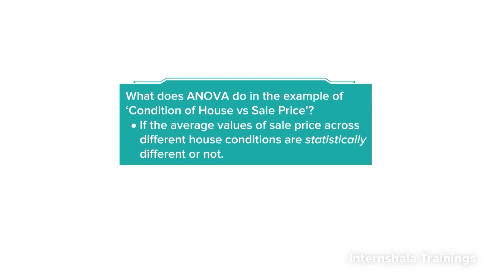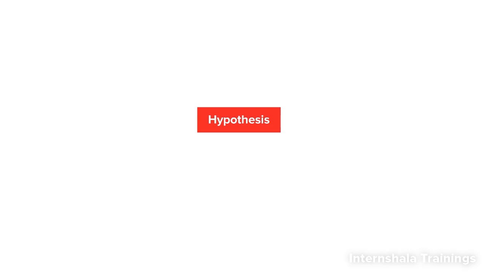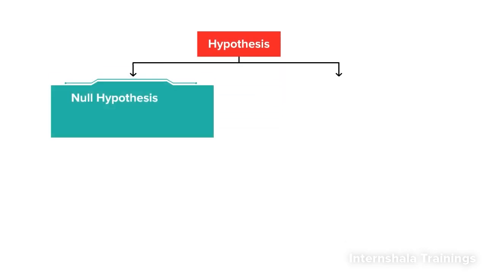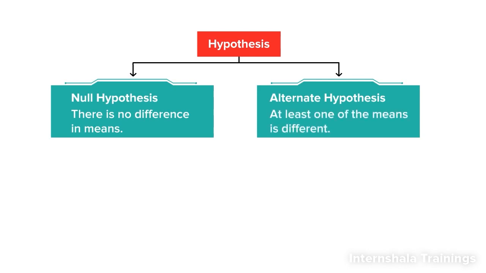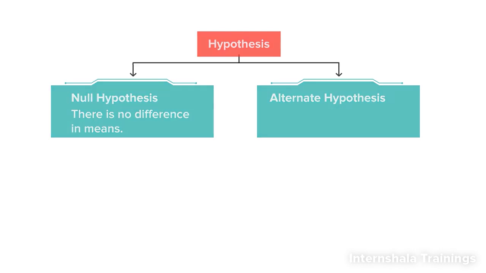Now, when we execute Anova, we have certain hypotheses: the null hypothesis and the alternate hypothesis. The null hypothesis states that there is no difference in means, while the alternate hypothesis states that at least one of the means is different.